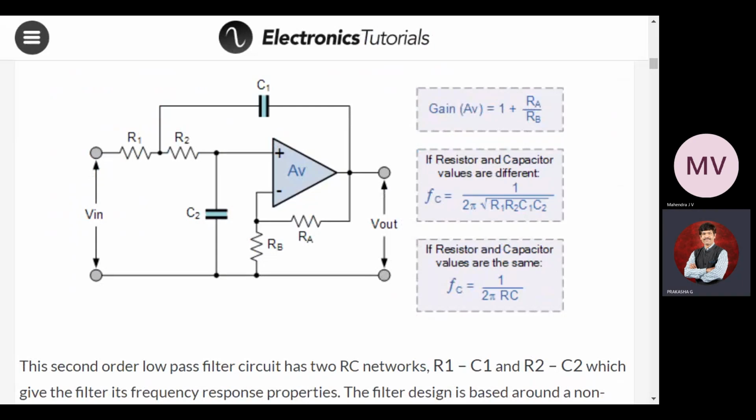We have an op-amp and a non-inverting terminal. For the non-inverting terminal, we have a resistor and a capacitor connected.